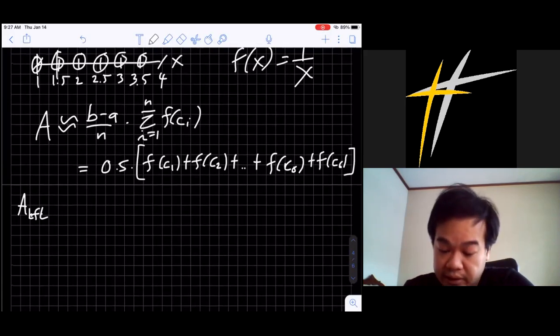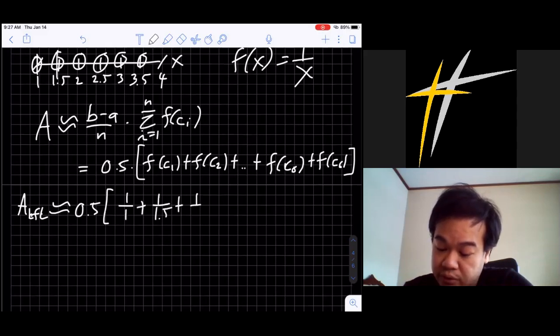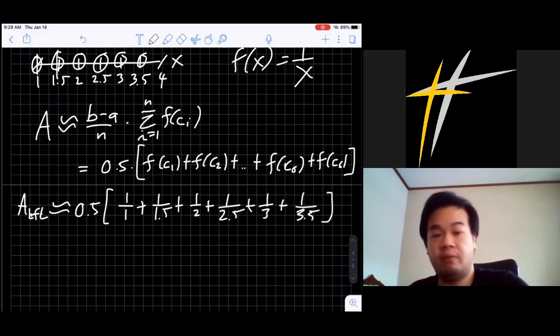So it means that it's approximately equal to 0.5 times (1 over 1 plus 1 over 1.5, 1 over 2, 1 over 2.5, 1 over 3, and 1 over 3.5). Yeah, because we take from the left one.